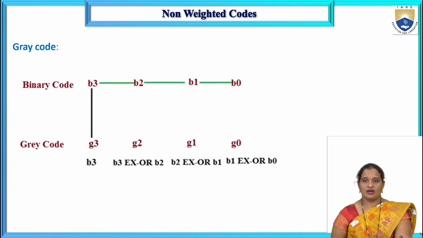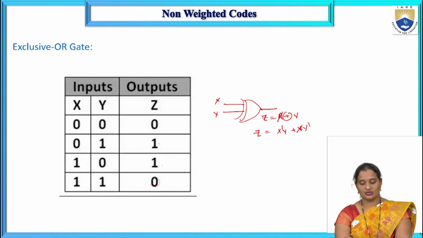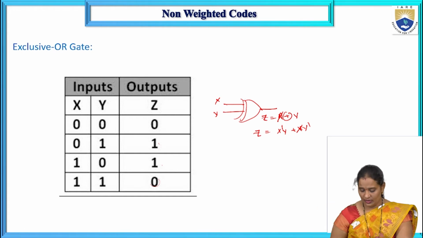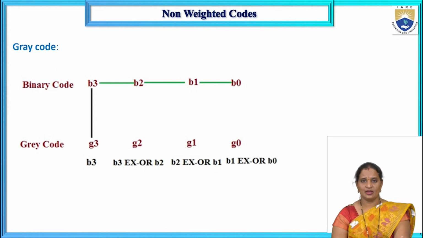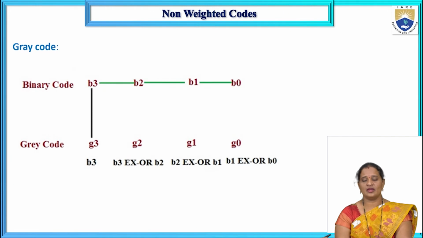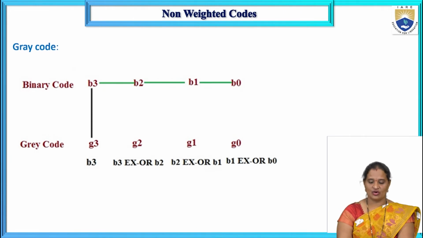Now, as I told you, the exclusive OR gate is also used to convert a given binary code into gray code. Whatever the number of bits in the binary, you can easily generate the equivalent gray code by using the exclusive OR logic.